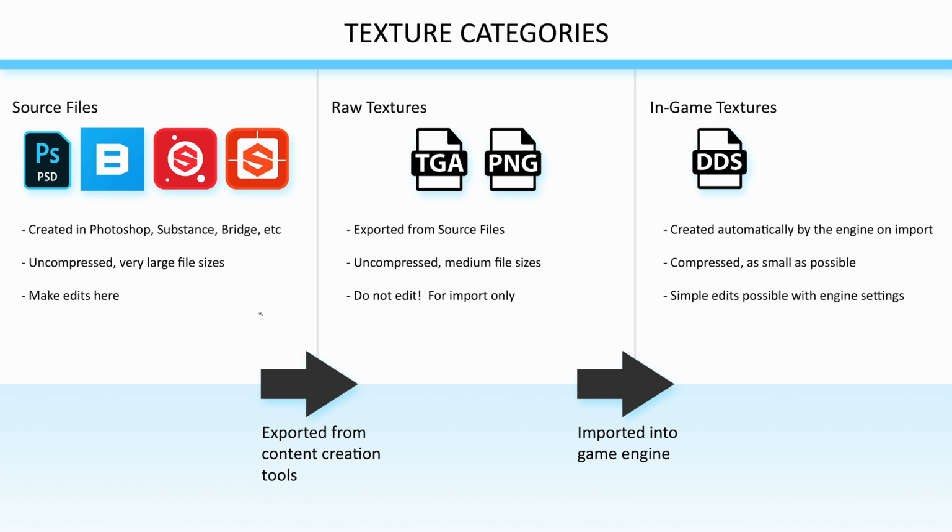And second, when we talked about how much texture memory a texture is using, we're not concerned at all about how large the source files are, and we don't care how large the raw files are either. These are not what's being used in the game or loaded into graphics memory. The only thing we care about is the size of these final image formats that the game engine creates. In the comments for past videos, I've had people confused about this.